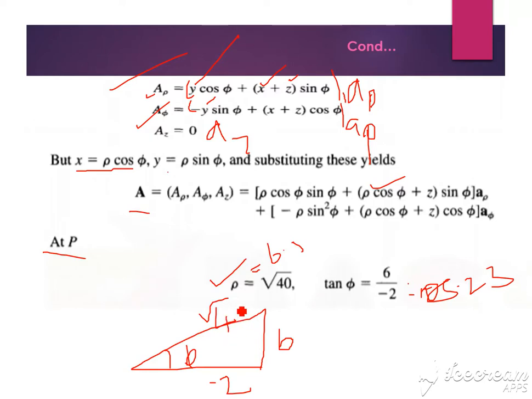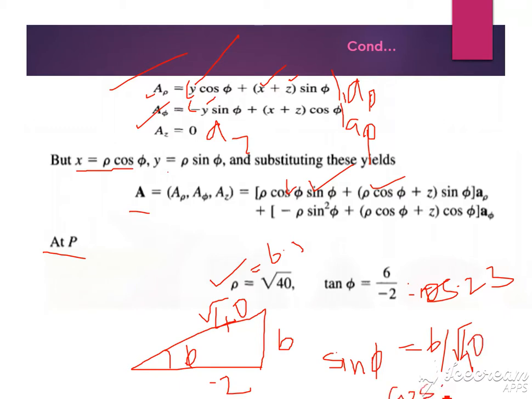So from this we can find the expressions for sin phi and cos phi. What is sin phi? Sin phi is nothing but opposite divided by hypotenuse. So opposite value is 6 divided by hypotenuse, root 40. Similarly, what is meant by cos phi?